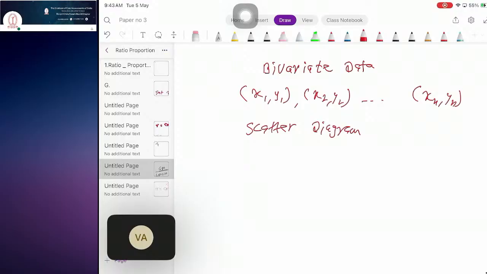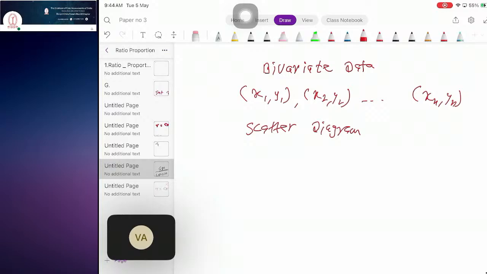If one is increasing and another is decreasing, it is called negative or negative perfect correlation. And if there is no pattern, x increasing or decreasing is not dependent on y, or y on x, that can also be shown on the graph paper. That is the concept of scatter diagram. Yesterday we discussed it.